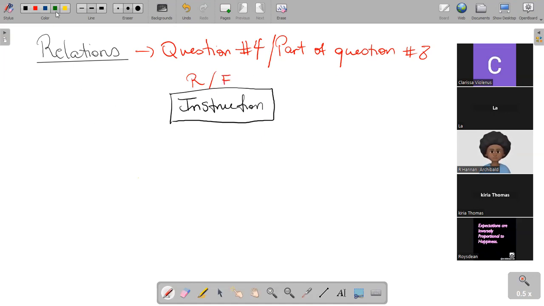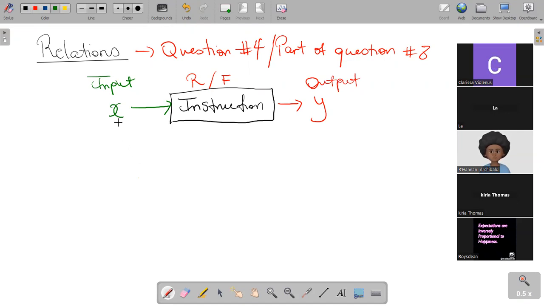Now, whenever you have a relation, you usually have an x value, which is what we put in the instruction. And then obviously, when you do the instruction, you're going to get an answer, which is what we would get, a y. So over on this side, we will call this side the input. That's the number or the letter that we put in the instructions, and then the answer is what we call the output.